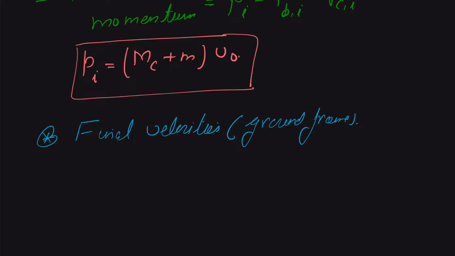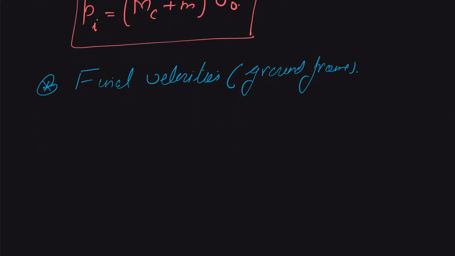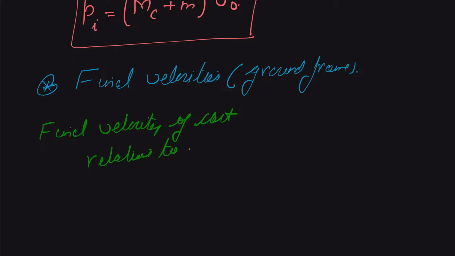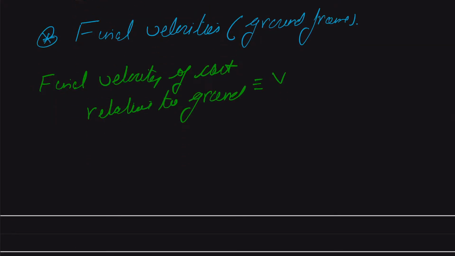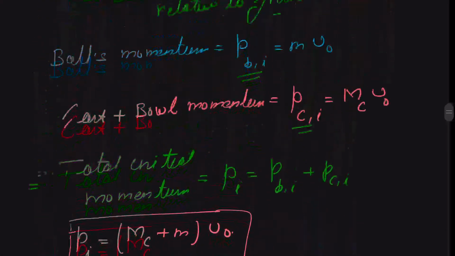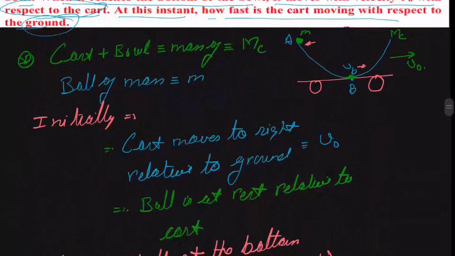And let's assume that the final velocity of the cart relative to the ground is V. You can see that final velocity of the cart relative to the ground, and that is our capital V. But we are given the ball velocity relative to the cart at the final point, at point B, at this point.